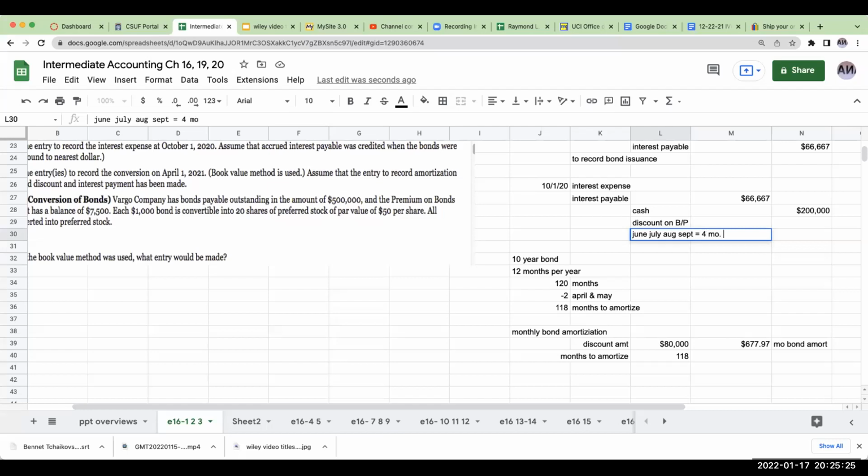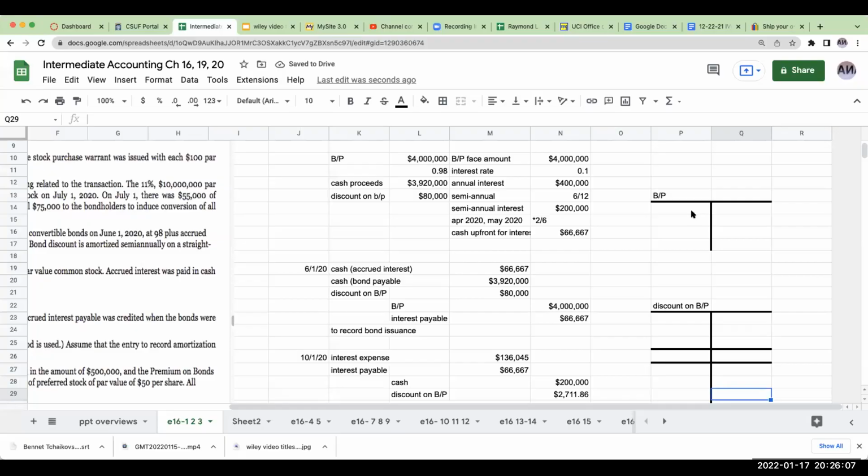This is going to be 4 months at 677.97. If you're in my class, you can of course round up, and this is going to be times 4. So the amount of my interest expense is going to be whatever I need to do to balance this equation. So my interest expense is going to be 136,045.